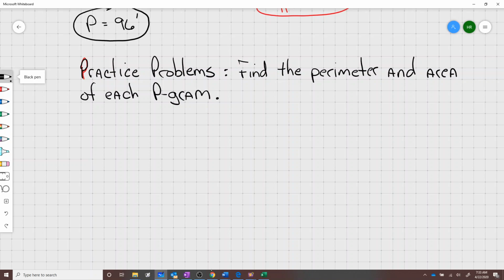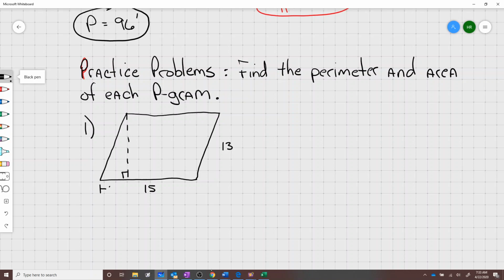And let's see, practice problem number 1. And practice problem number 2.